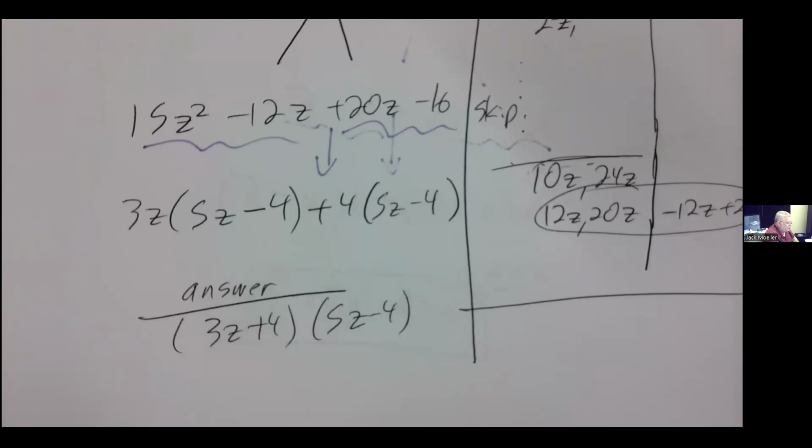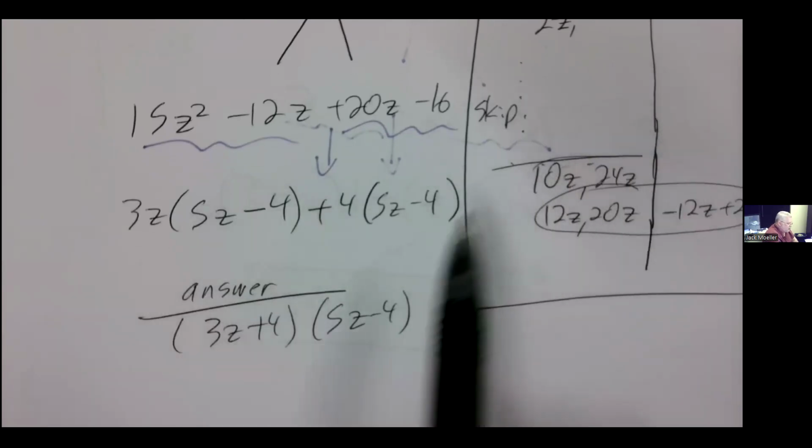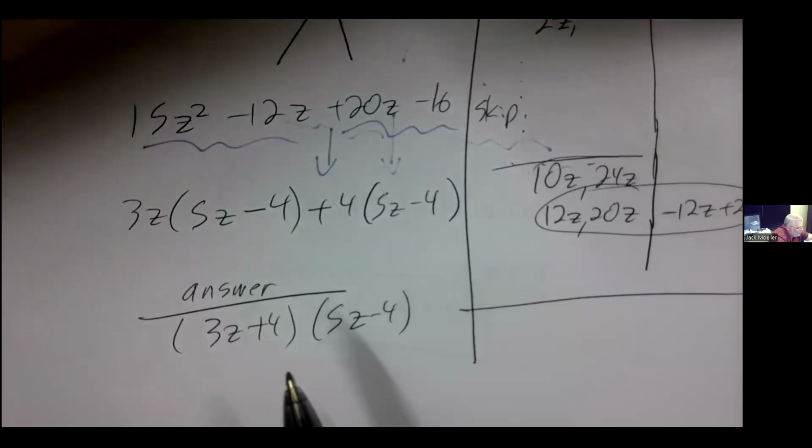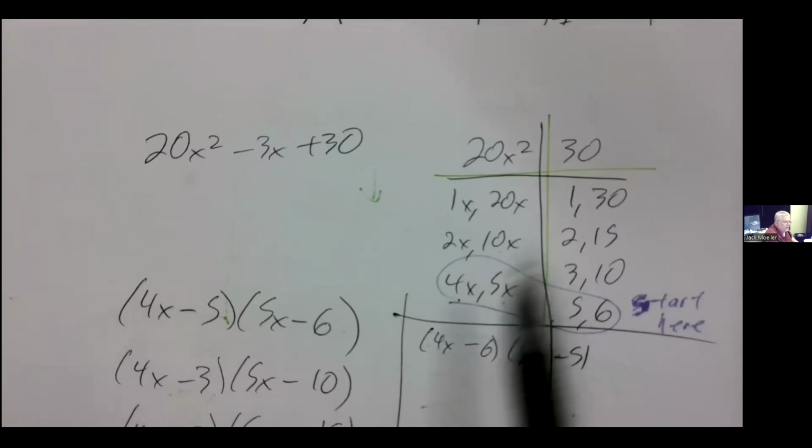If you tried to do this with reverse FOIL, you would have a lot of possibilities to check. But again, remember I said that if you check the factors that are a little bit closer together, you'll find it. Like this is one where you would have ended up something like this.